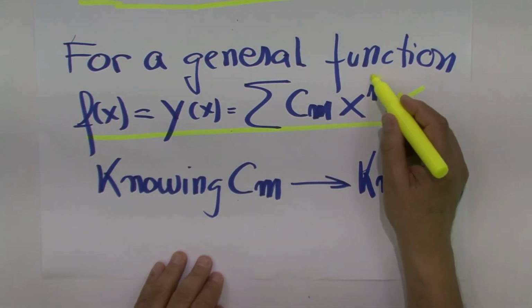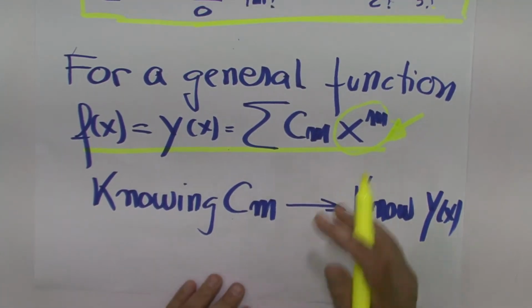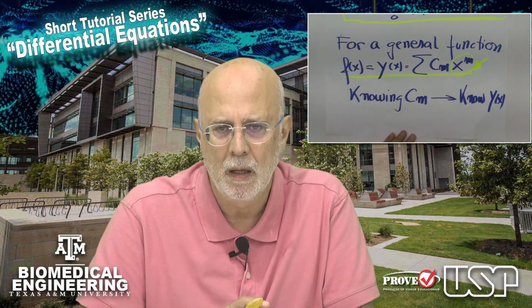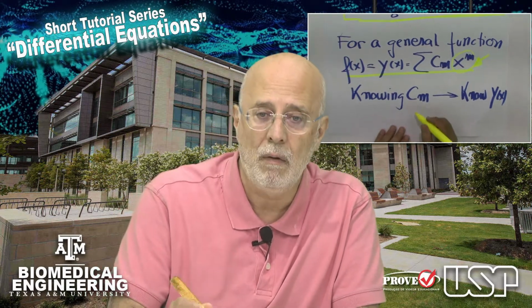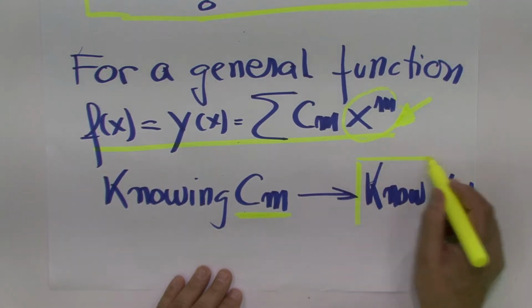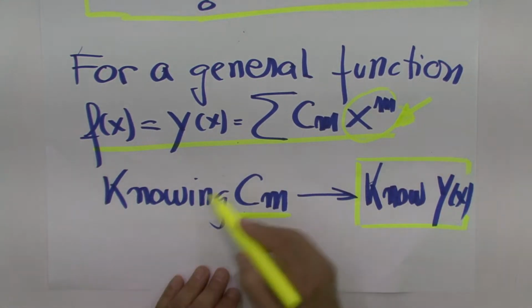Of course, we know the powers: x to the 0, x to the 1, x to the 2, and so on. If we somehow can determine the coefficients, we know the whole function. We know all the series, we know the function.